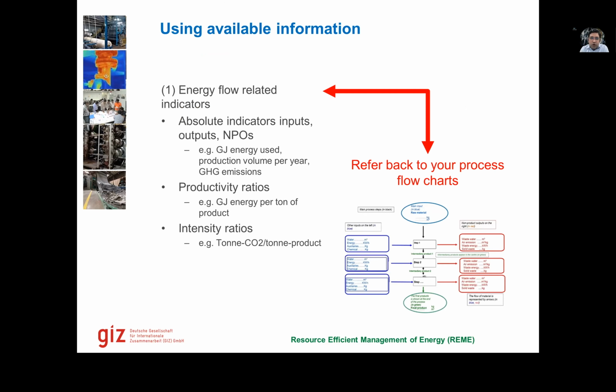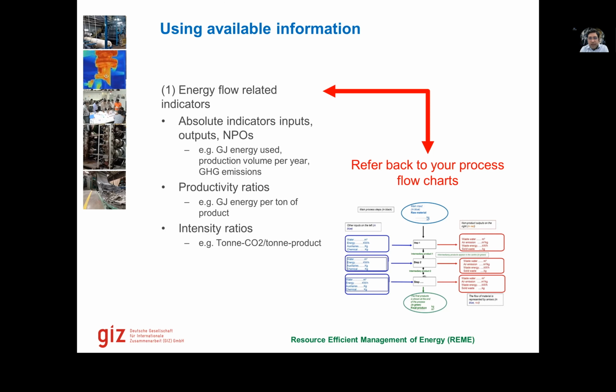Then the productivity related ratios, or simple ratios, for example, gigajoules of energy per ton of product, or some regression based normalized ratios could also come in handy if we have developed those.